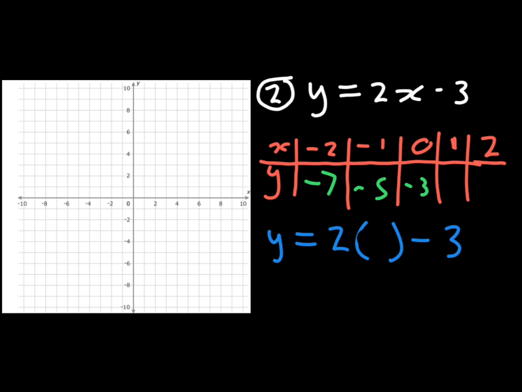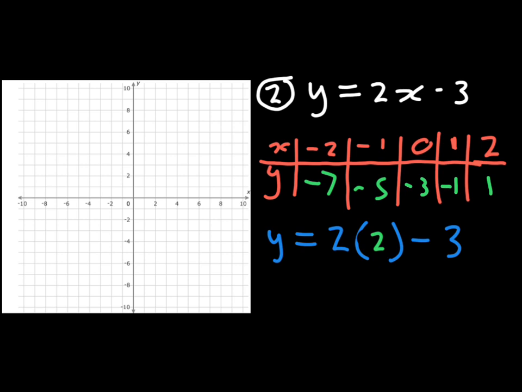Next, we have x equals 1. So 2 times 1 is 2. Minus 3 is -1. Lastly, we have that x is 2. So 2 times 2 is 4. Minus 3 is 1.